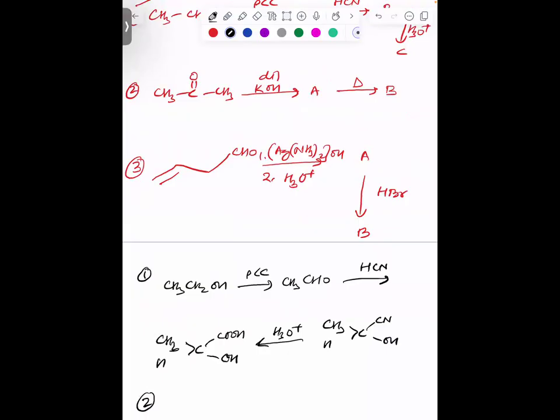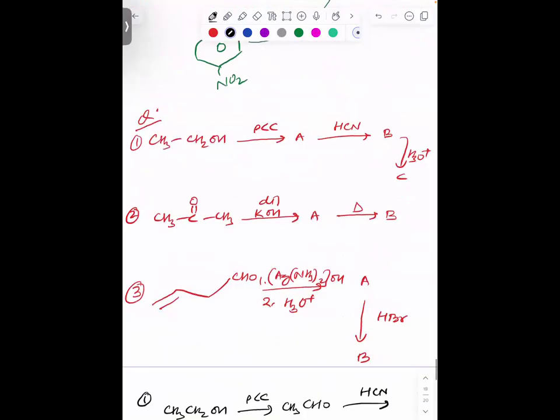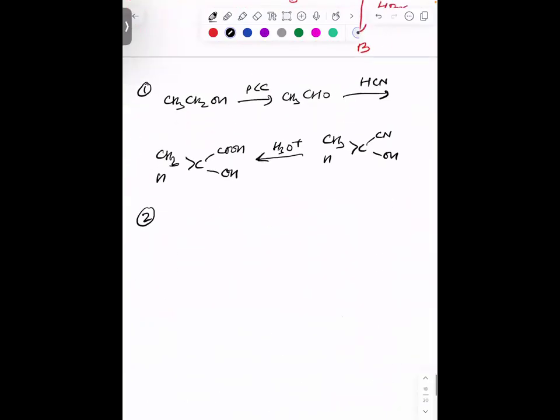Next, see, first it is given acetone. Acetone in the presence of dilute KOH or dilute alkali undergoes aldol condensation.